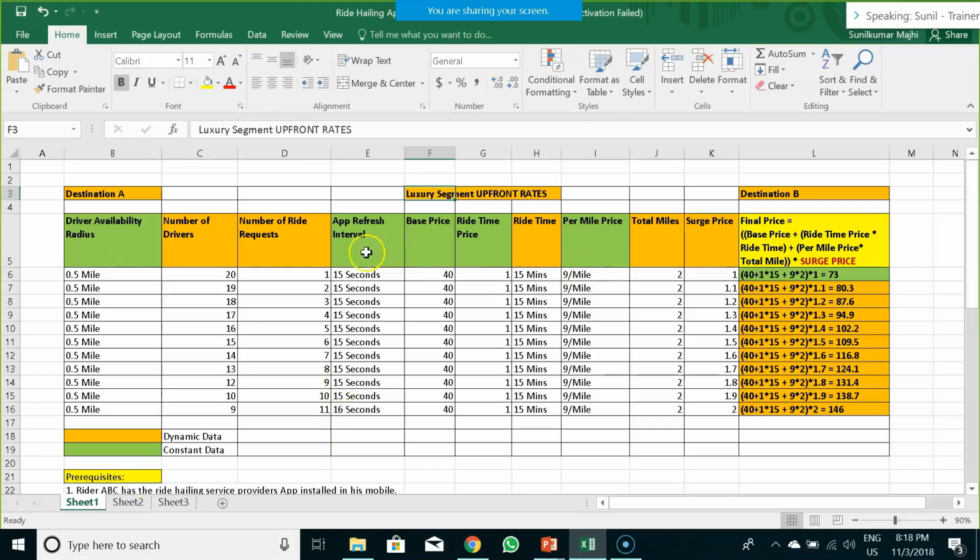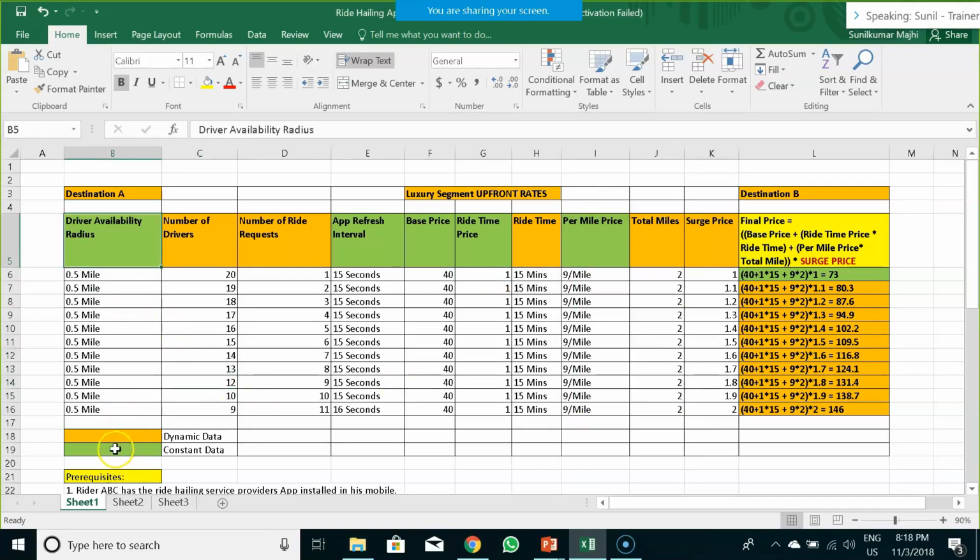After that, from where you start till your end destination, you would have a calculation called total miles, which is nothing but the approximate distance between destination A and B. This total miles would get multiplied by your per mile price, and your ride time would get multiplied by your ride time price. So this is our base calculation.